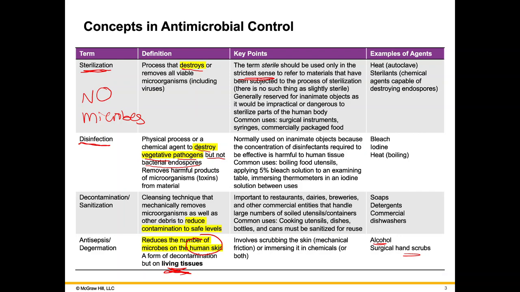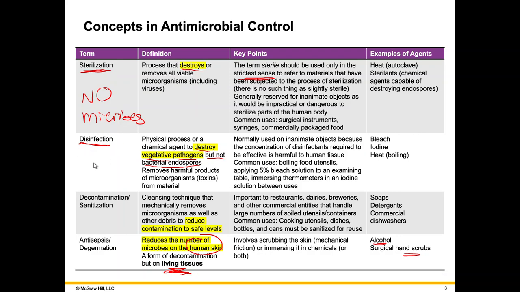It should be used in a very strict sense to refer to materials and items that have been through a sterilization process. So this is commonly used for things like surgical instruments, anything that you would put in the body, especially syringes, even commercially packaged food goes through these processes to keep them from making people sick. So again, you should know the things especially that are highlighted. Sterilization destroys all microbes. There are none left.